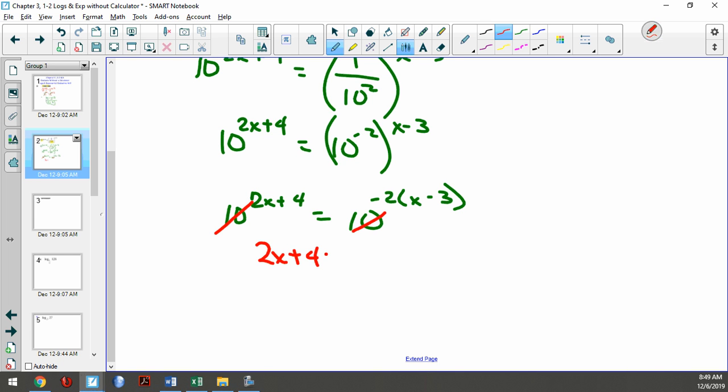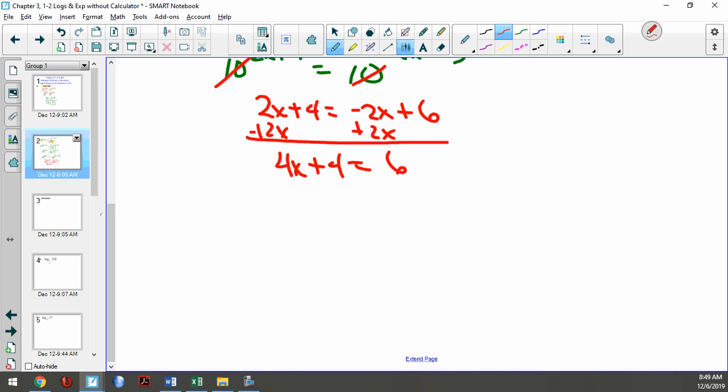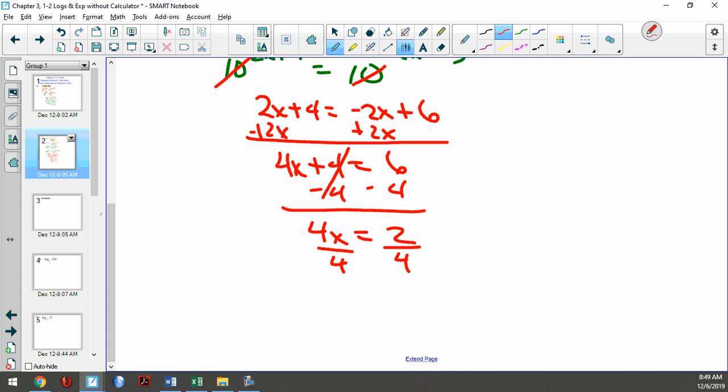So 2x plus 4 is equal to negative 2x plus 6. Add 2x. So 4x plus 4 is equal to 6. Subtract the 4. 4x is equal to 2. Divide by the 4. x is equal to a half.